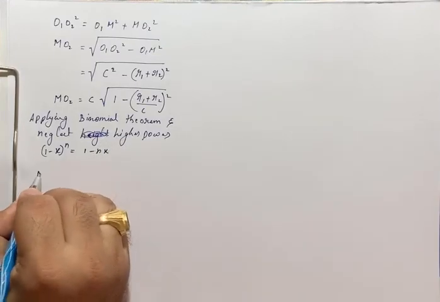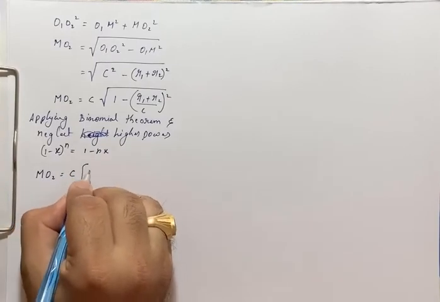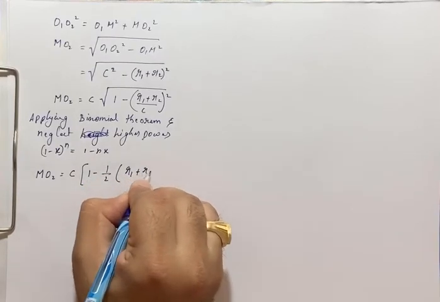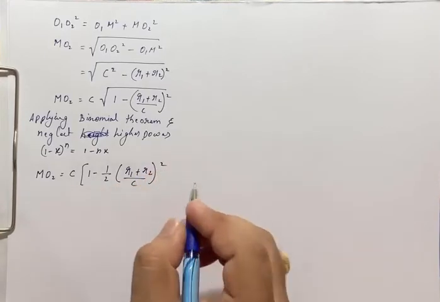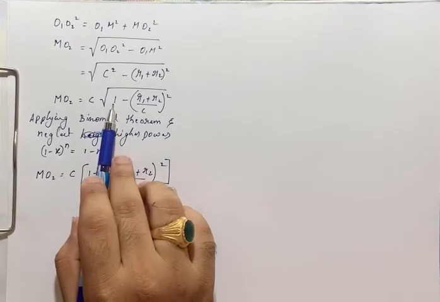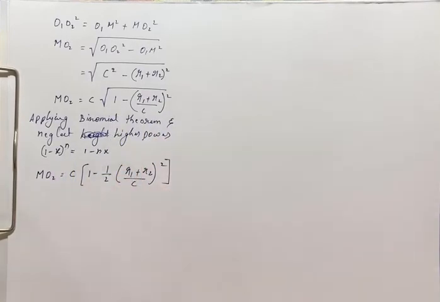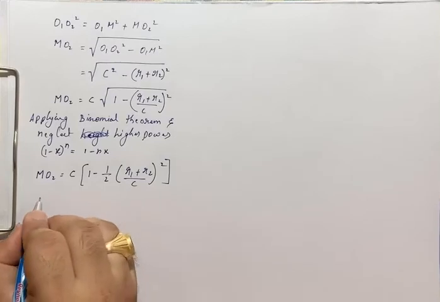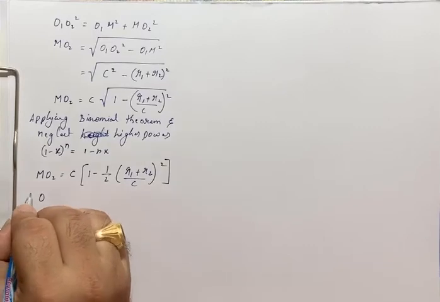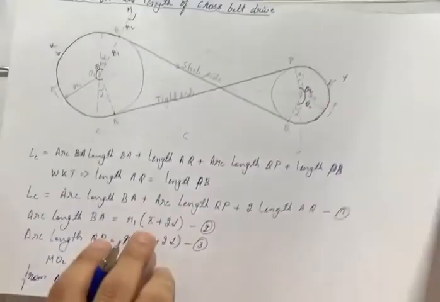Now this is MO2 is equals to C into 1 minus half into R1 plus R2 by C whole square here, right. What we have done, we have taken this as 1, x as R1 plus R2 by C whole square and n as root, that is 1 by 2 here, right. Also we know that MO2 is equals to AQ here, right.